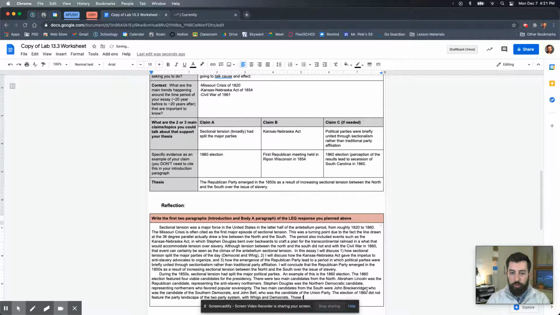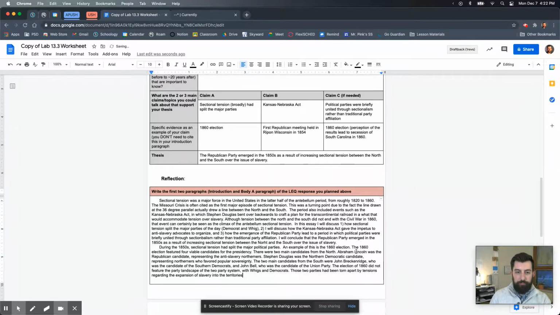Those two parties had been torn apart by tensions regarding the expansion of slavery into the territories. Okay, perfect.